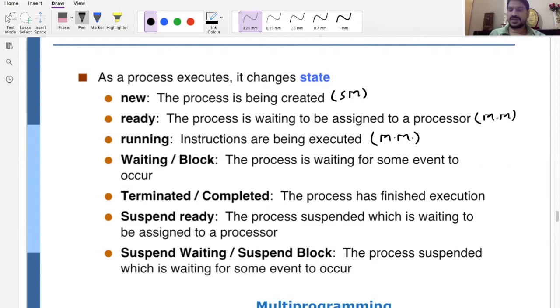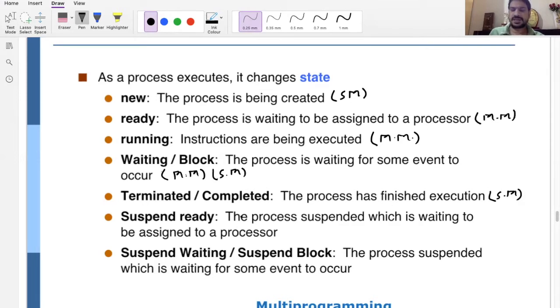Waiting or block state: when this occurs to a process, the process could be in the main memory, or sometimes it will be in the secondary memory. Terminated or completed means the process will get out of the main memory and be given to the secondary memory.